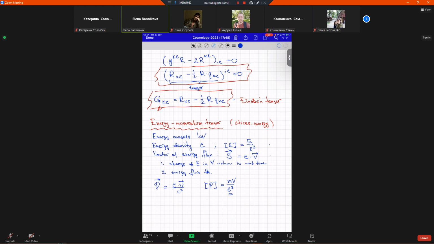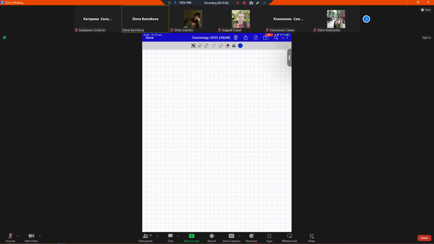So now I will try to explain it geometrically. What does it mean? If we have, for example, some volume in space, a distribution of matter, it's understandable that matter can be not static, but can move through this volume.